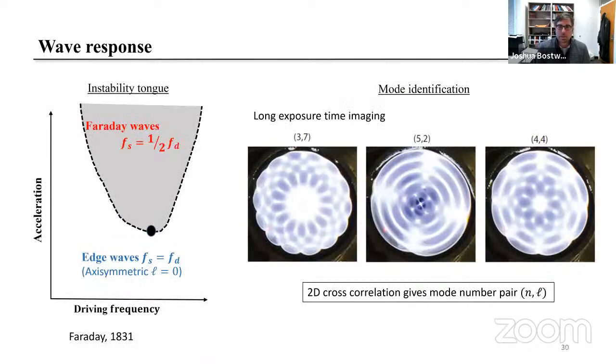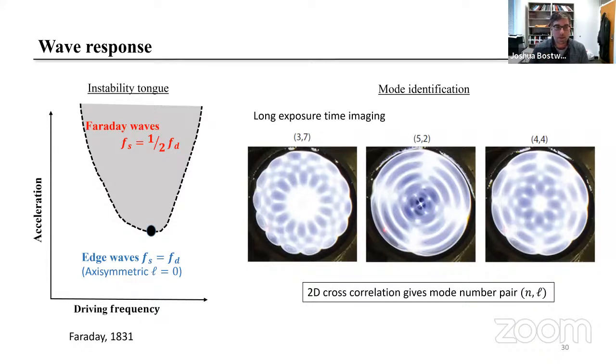And for these types of surface waves, we can characterize the wave response in the acceleration and driving frequency space. Depending upon the acceleration and driving frequency, we see different types of behavior. Shown here on the left is a simple schematic diagram of what's called a Faraday wave instability tongue. Everywhere inside this gray region, you will observe a Faraday wave, where the surface wave oscillates with half of the driving frequency.